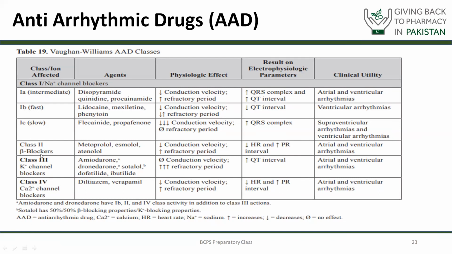Class 2 is the beta blockers. Class 3, potassium channel blockers. Class 4, calcium channel blockers. We don't have much time to discuss this in detail, but I think you will just study and you can understand it well. It's not very complicated for arrhythmia, because we have studied it during college also.